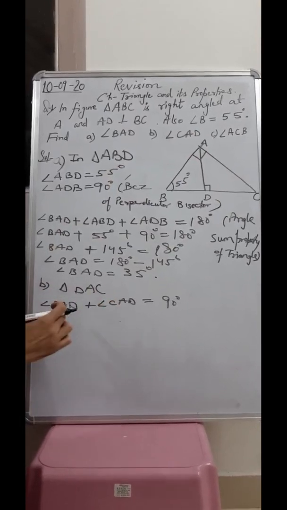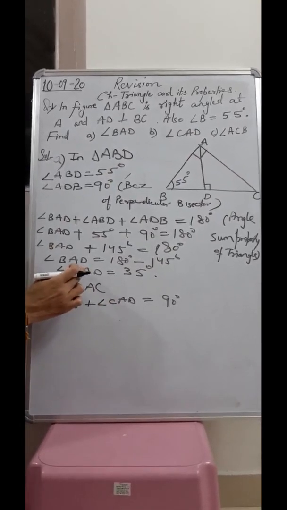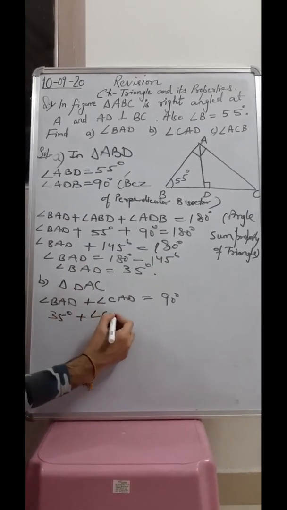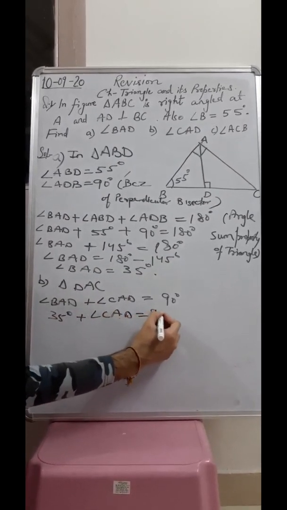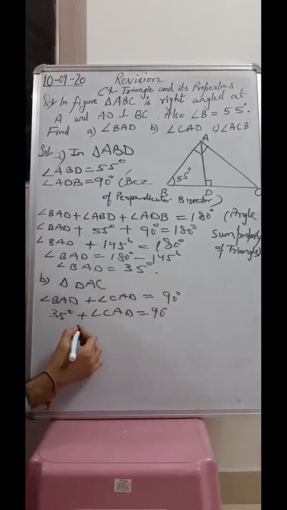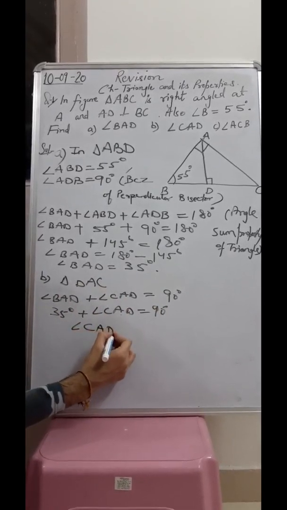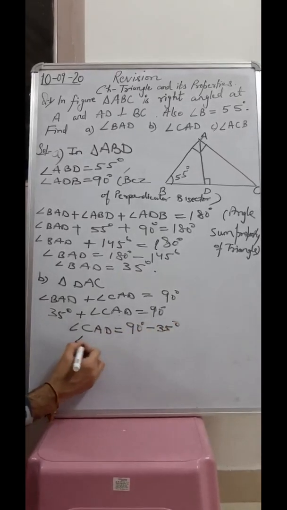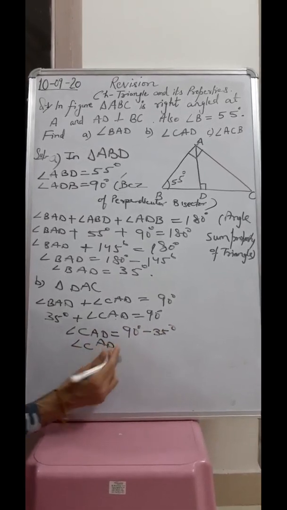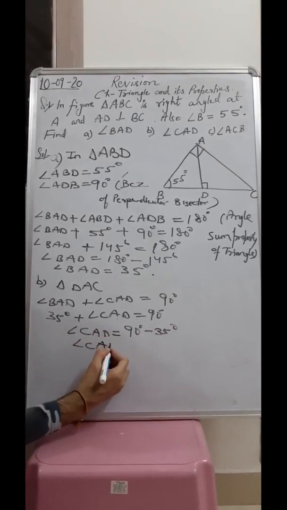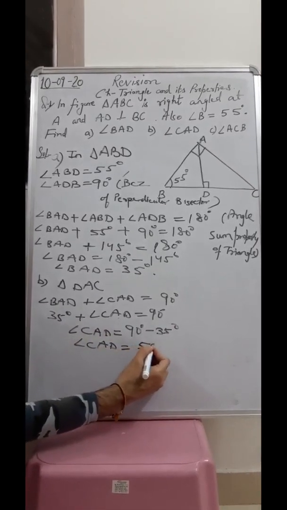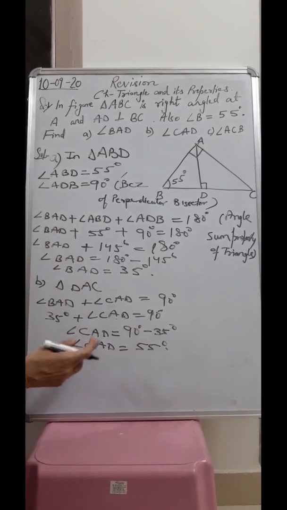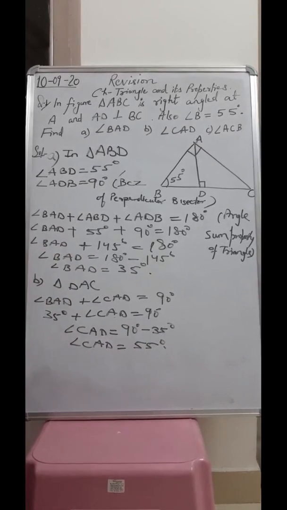Out of these two we already have found the angle BAD, that is 35 degree, plus angle CAD equal to 90 degree. So this 35 will go on the right hand side. Angle CAD will be equal to 90 minus 35 degree. So angle CAD will be equal to 55 degree. In this way we can find out angle CAD.